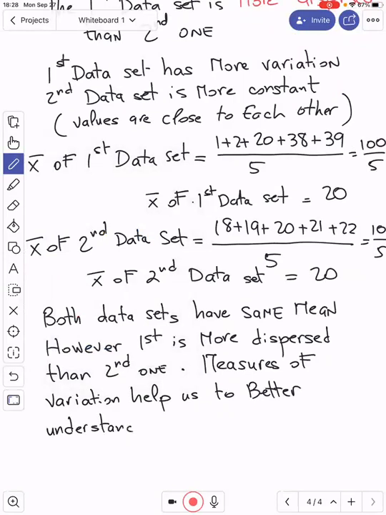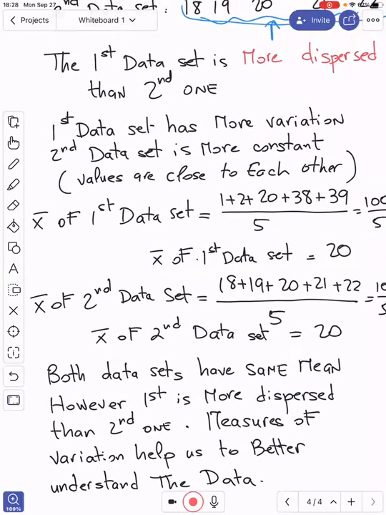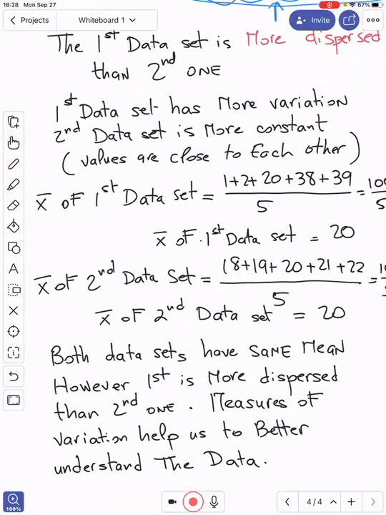I hope this makes sense to you guys. That's our goal today. We're going to see a couple of measures of variation, and with these we're going to try to describe how similar or varied the set of data values is. Any questions so far? All right, so that's for the example.